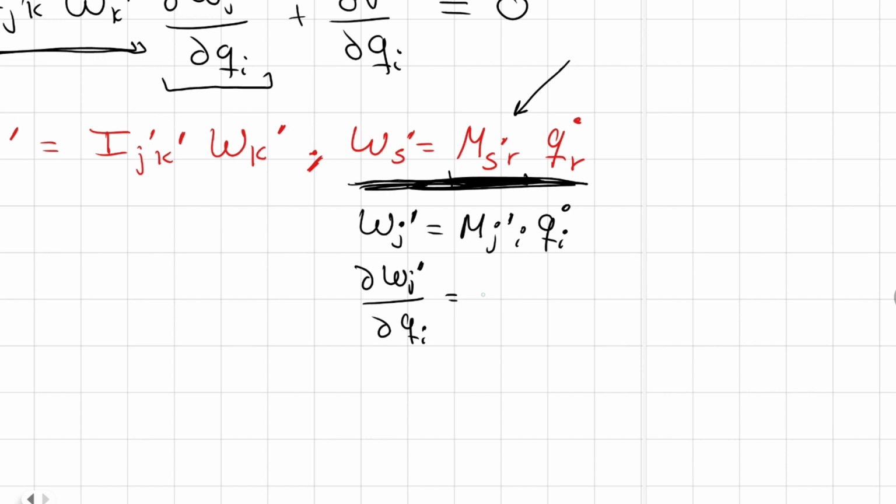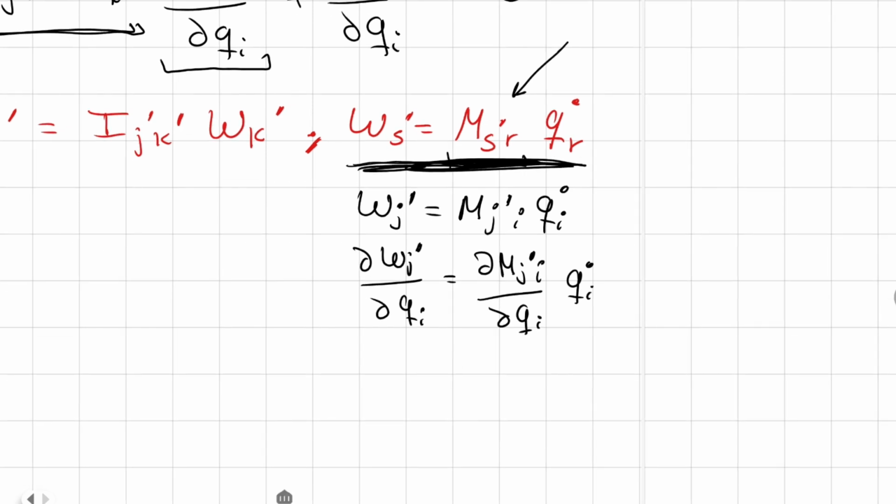So we are going to get something like this: the partial of mji with respect to qi, qi dot. But of course, you should notice that we are taking 3 times the same index, so this is wrong, and that is because we are naming with the same index the variable we are taking the derivative with respect to, and the index that we are using here to define the omega j.